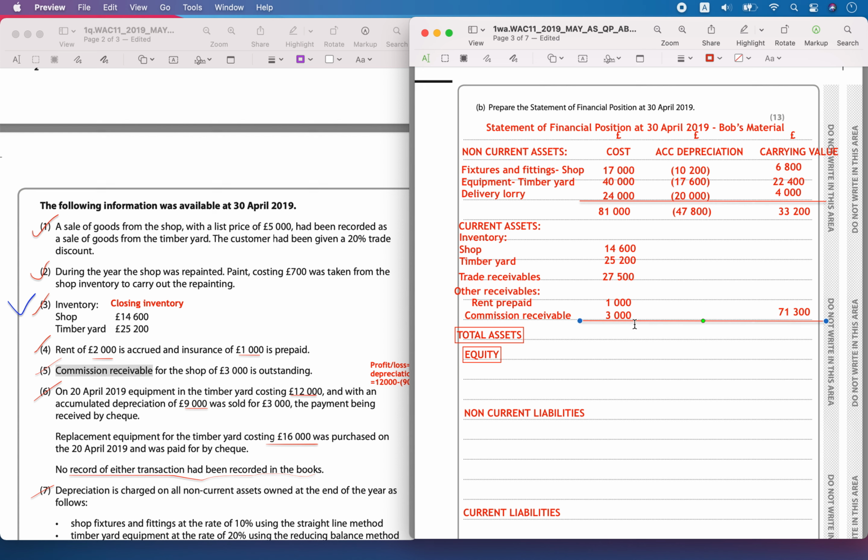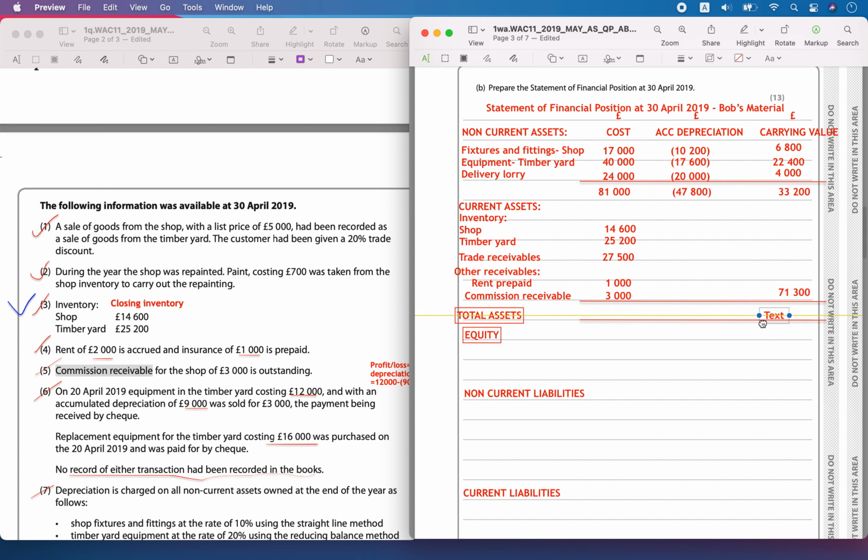Now let's add up the total asset value: 33,200 plus 71,300 is 104,500. So it is 104,500.